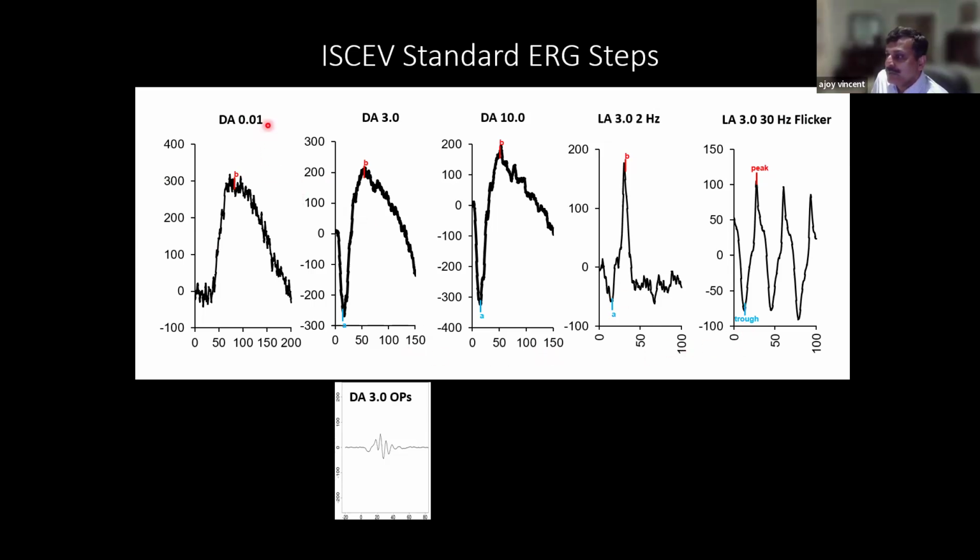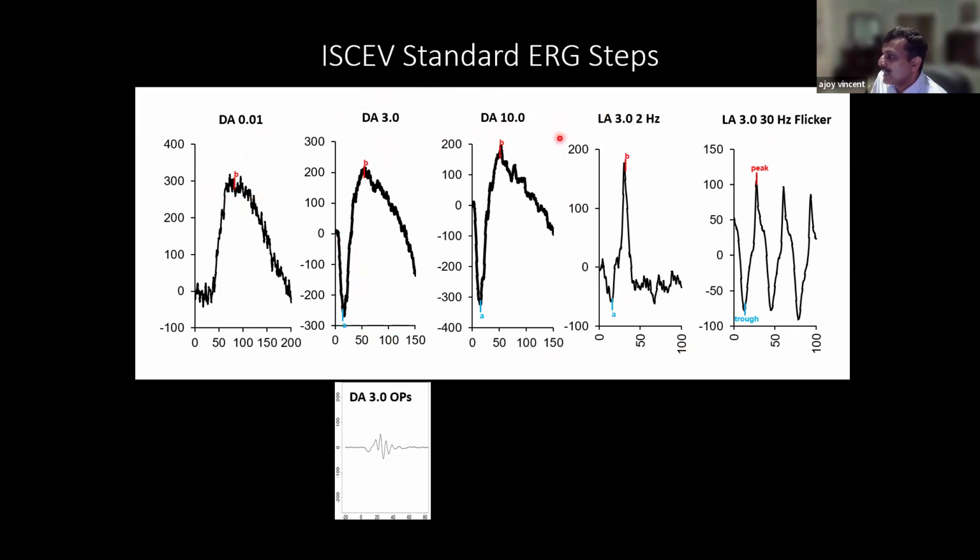So you dark adapt for 20 minutes, have a dim flash, which is the pure rod response. It only has a B wave, which is from the rod on bipolar cells. As you increase the intensity of light to 3 and 10 candela second per meter square, you will then have an A and a B wave, where the A wave is from the rod photoreceptors and the B wave is from the rod on bipolar cells.